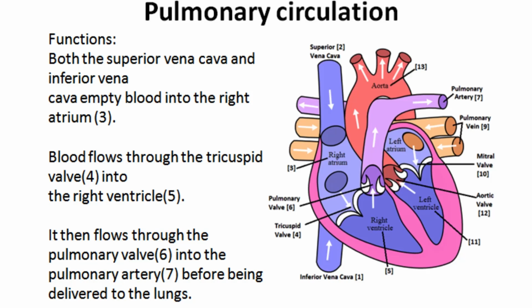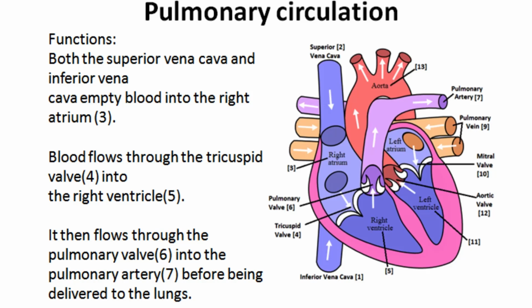Then what happens? Blood flows through the tricuspid valve. Tricuspid valve is 4. You can see here, just below the right atrium, the tricuspid valve. I have marked it with a white arrow. Blood flows through the tricuspid valve into the right ventricle. It then flows through the pulmonary valve.